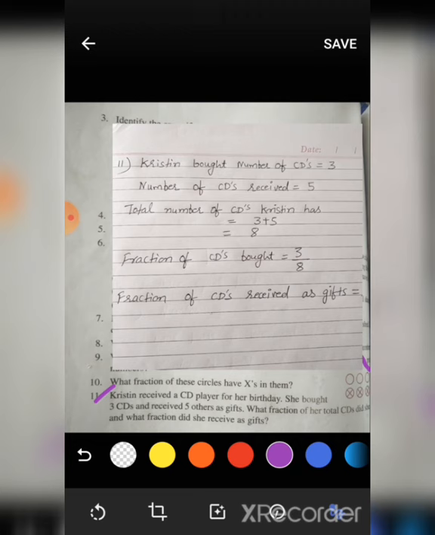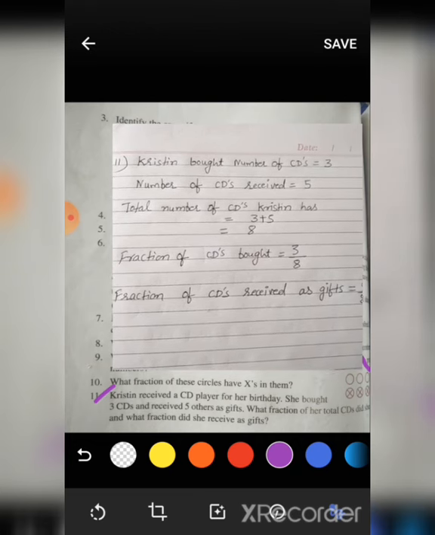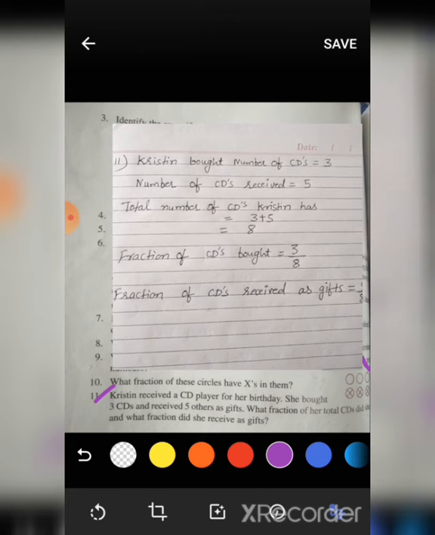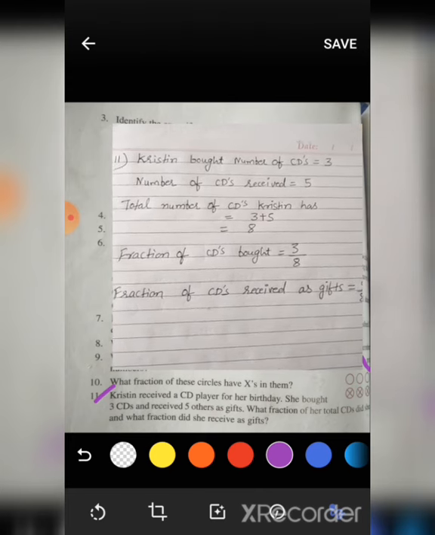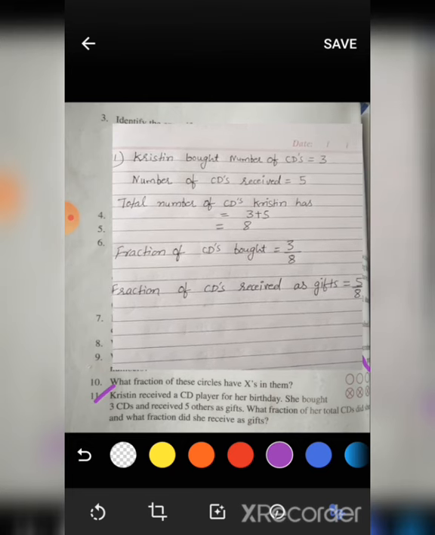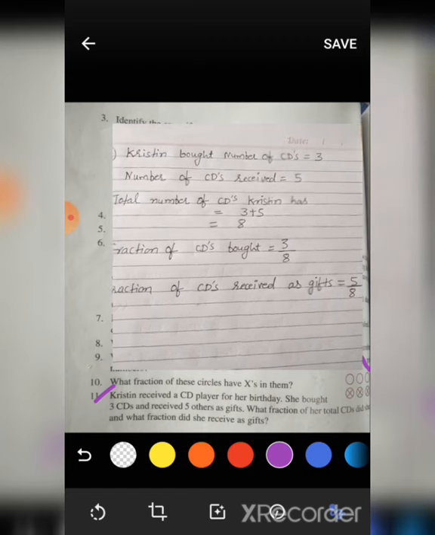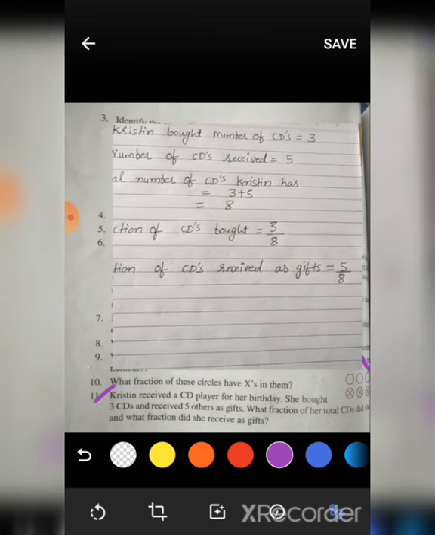The fraction of CDs bought: in the numerator you will write the number of CDs she bought, and in the denominator the total. So that becomes 3 by 8. The second is the fraction of CDs received as a gift, which is 5 by 8, because 5 she got as a gift and 8 is the total number of CDs.